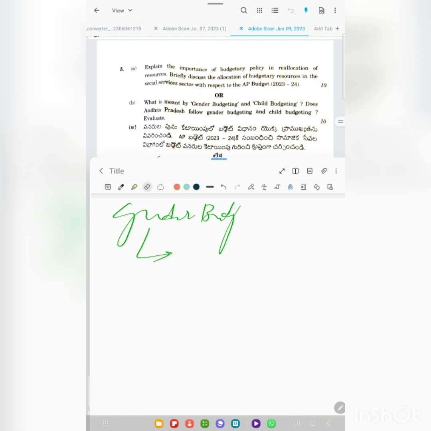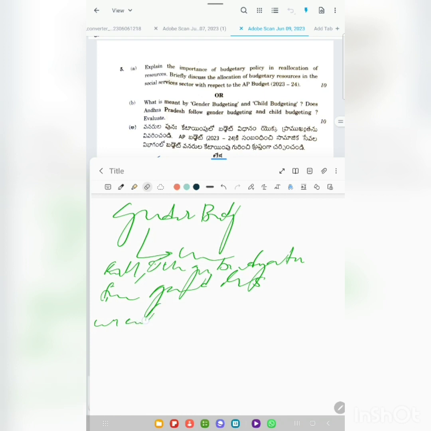Okay, then I immediately wrote, gender budgeting refers to allocation and evaluation of budgetary allocations through a gender lens, which means evaluating the allocations of resources towards gender equality or women development.